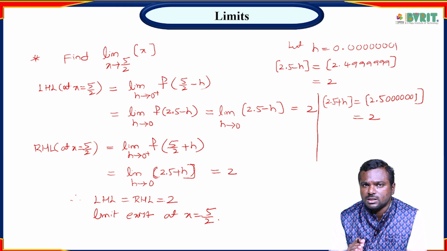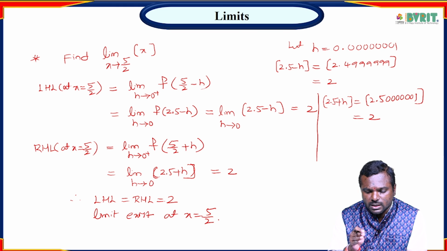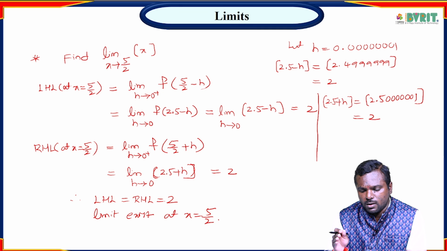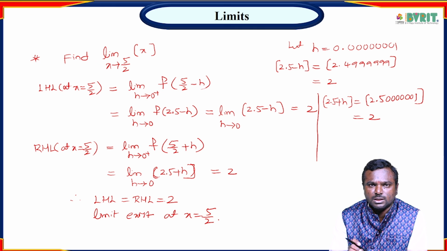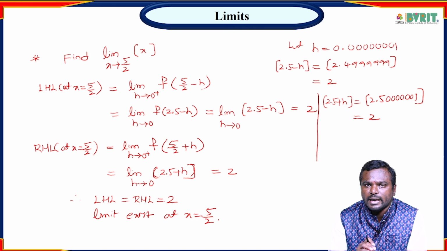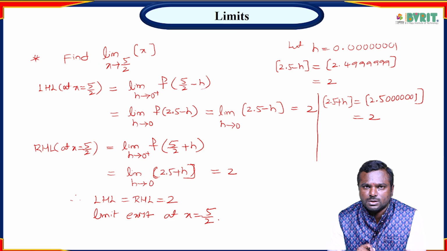The h method is exclusively for finding limits of functions like mod x, x by mod x, fractional of x, and greater integer of x. For this type of problem we use the h method. The last method is the direct method. After that I explained 3 examples.